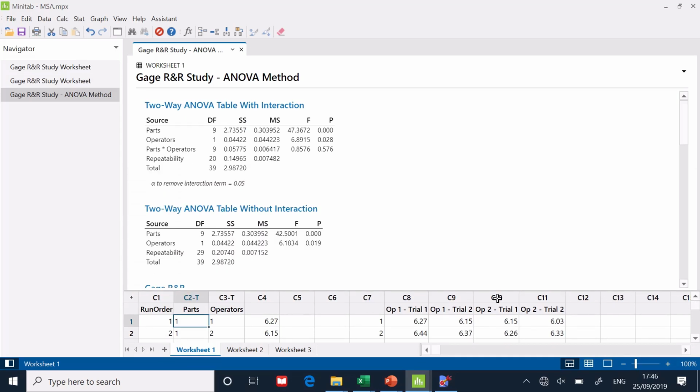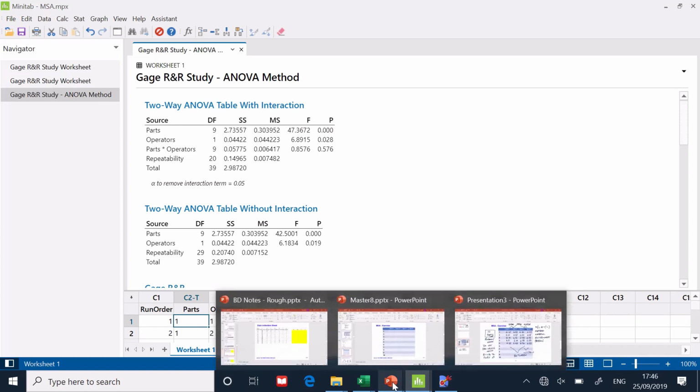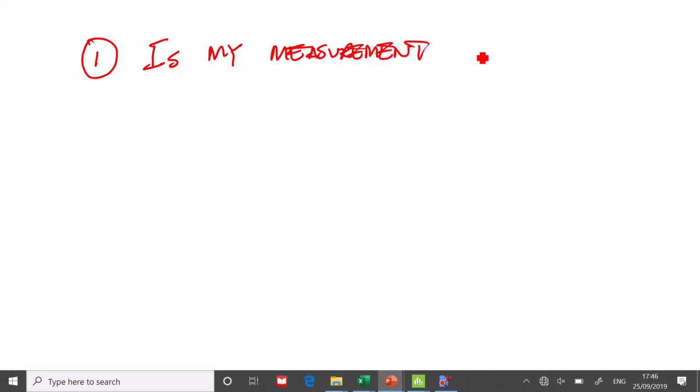So I've got some calculations here. Just to clarify, the MSA is trying to answer 3 questions. Number 1, is my measurement system any good?